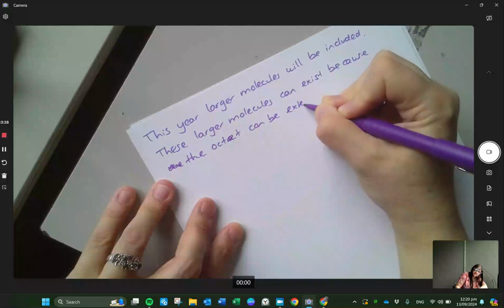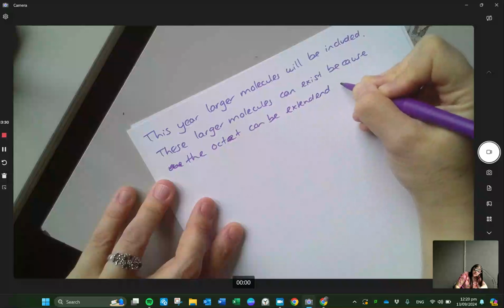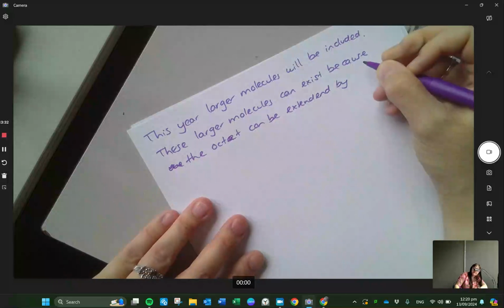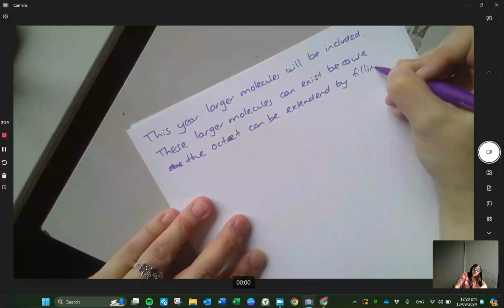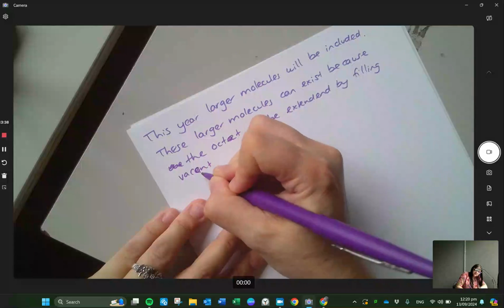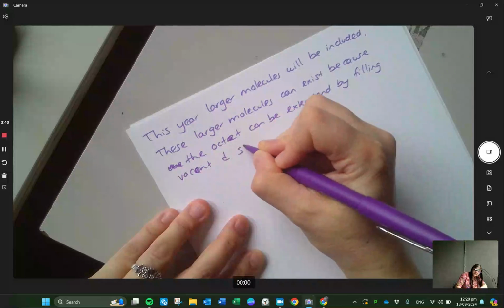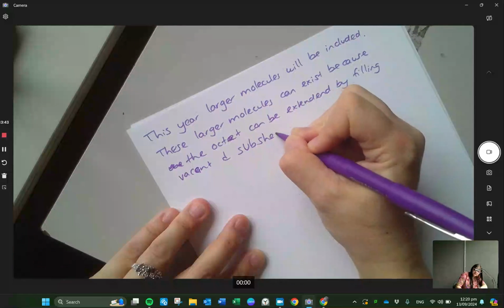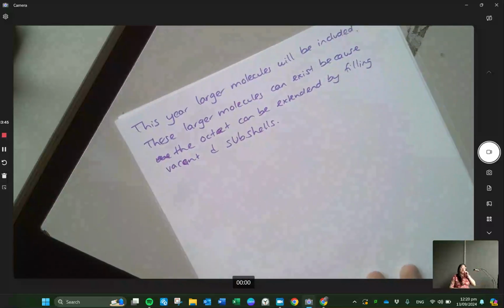Extended by filling vacant D shells. That's basically what's happening when we're doing that.